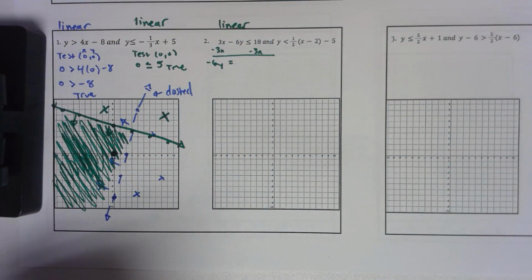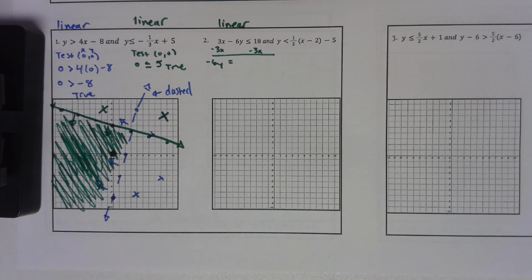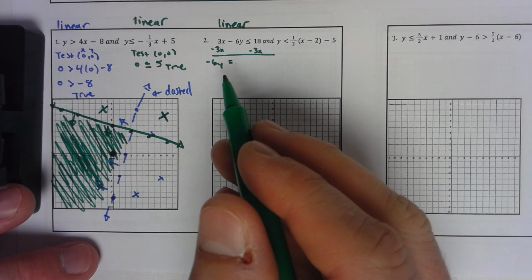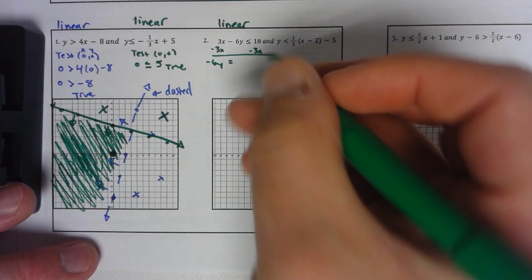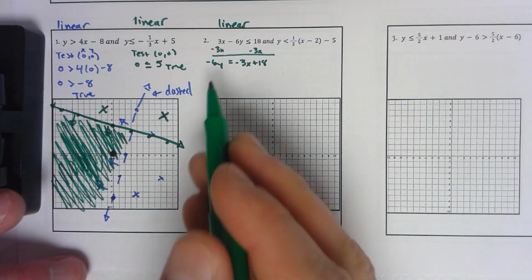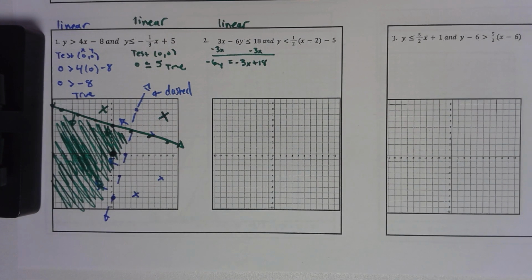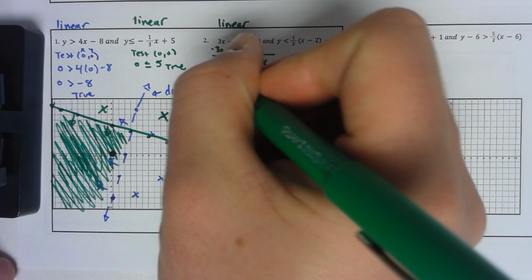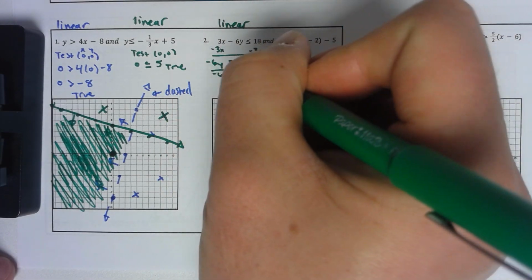And again, I don't really care about the inequality symbols, so I'm just going to make it an equal sign. All the inequality part we'll come back to in a second. So right now I have that negative 6y is equal to negative 3x plus 18. Then dividing by negative 6, every single piece of this equation needs to get divided.